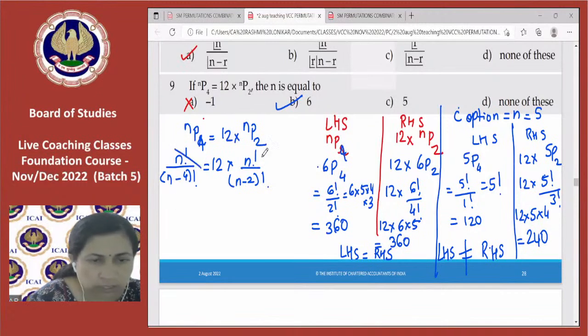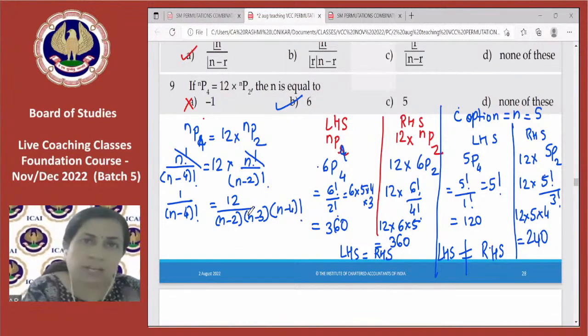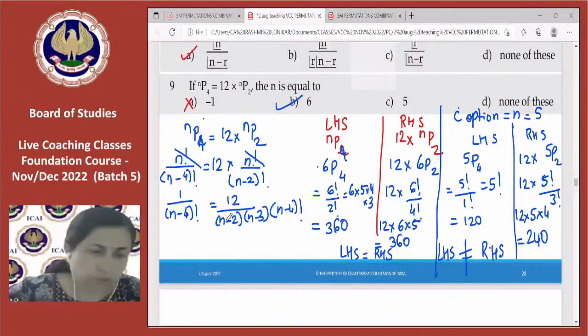This n factorial is cancelling out with this n factorial. So I have 1 upon n minus 4 factorial is equal to 12 upon n minus 2 into n minus 3 into n minus 4 factorial. I would write from n minus 2 up to n minus 4. So this cancels.